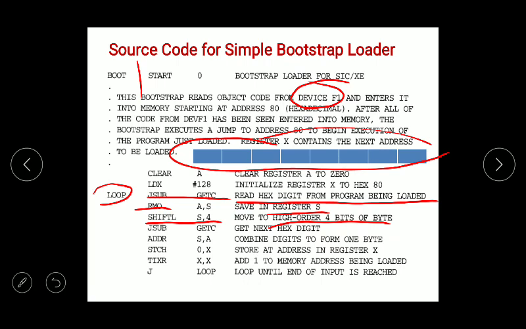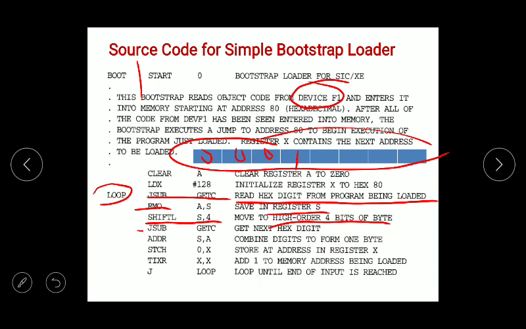After reading the first digit 1 from the device F1, it has to move into the higher order bits. 1 means 0001. It has to be loaded into the higher order bits.